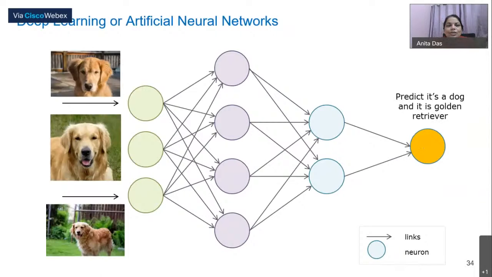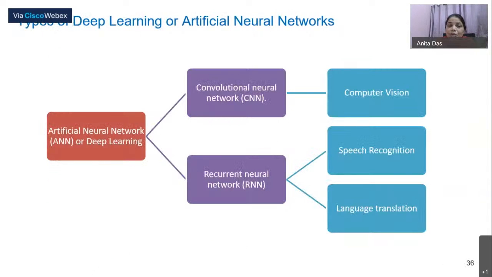Okay, so this is how deep learning works. Similarly, for classifying images and all, you can use neural networks. There are different types of neural networks, but from an industry perspective, I can see that CNN and RNN are used to a great extent. CNNs are very good for image-related tasks, like in computer vision.